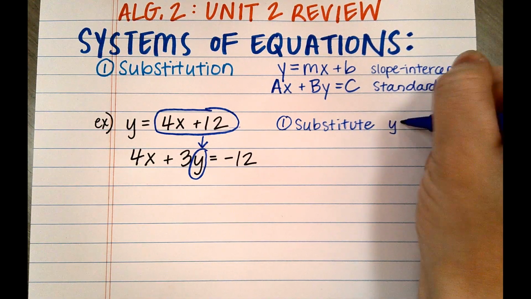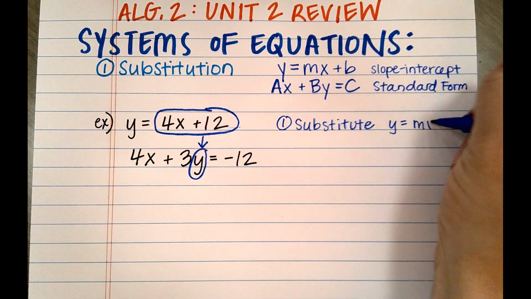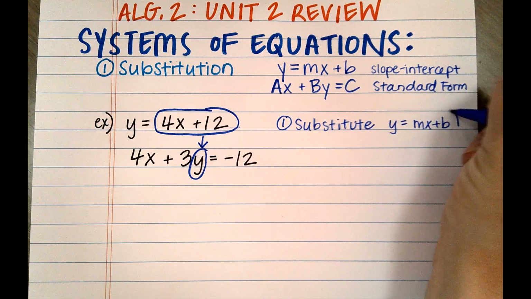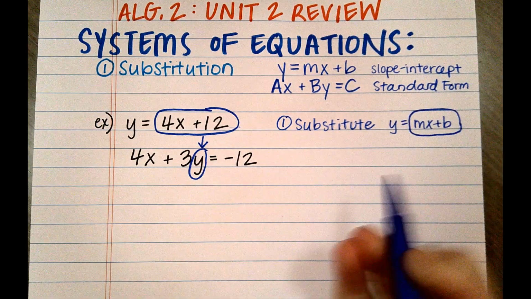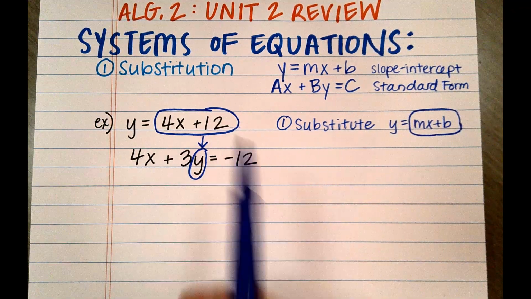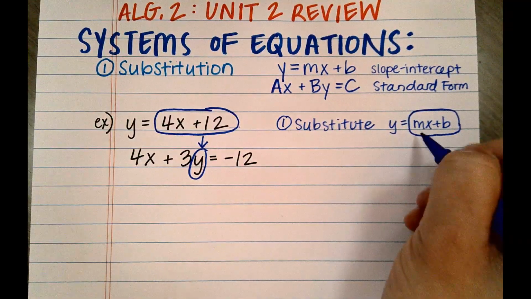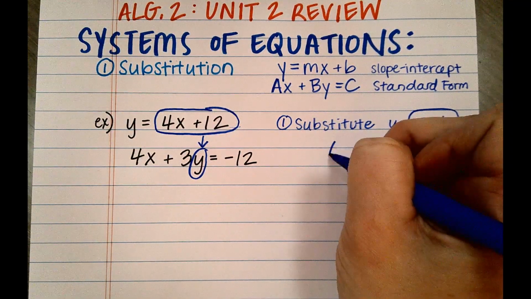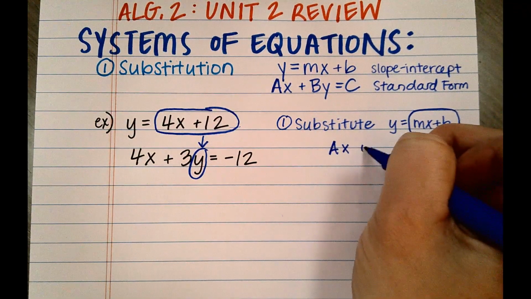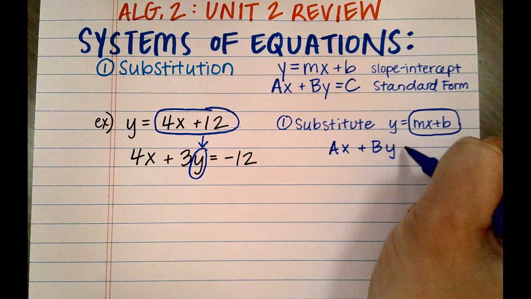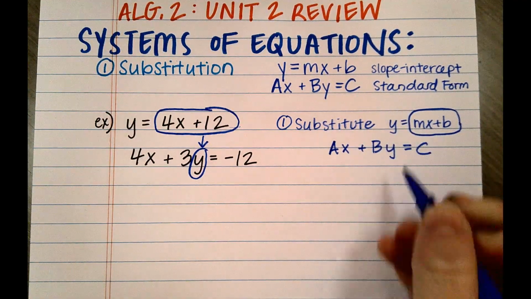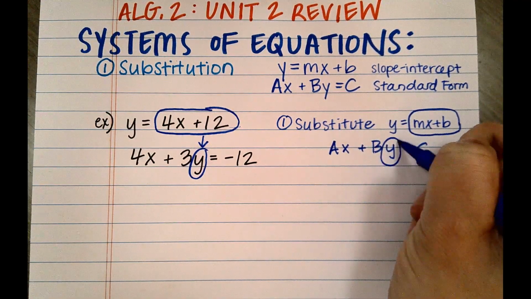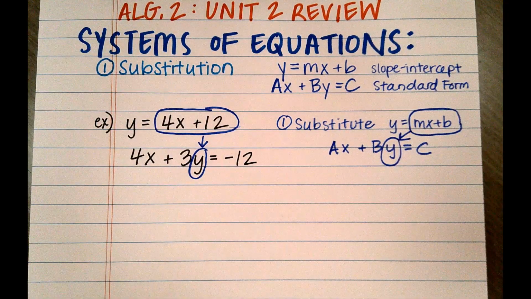I'm going to write y equals mx plus b. I'm going to circle that mx plus b part, the after part, 4x plus 12. Substitute this into ax plus by equals c. Circle the y next to that capital B. I'm going to do that.